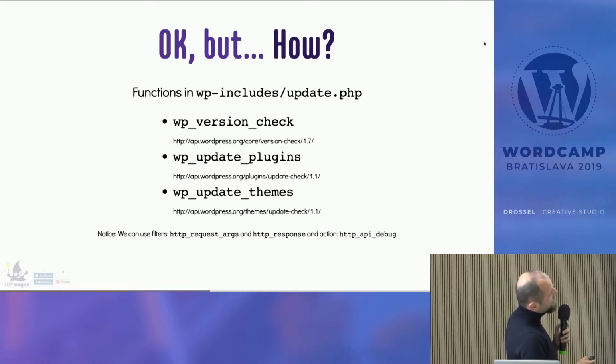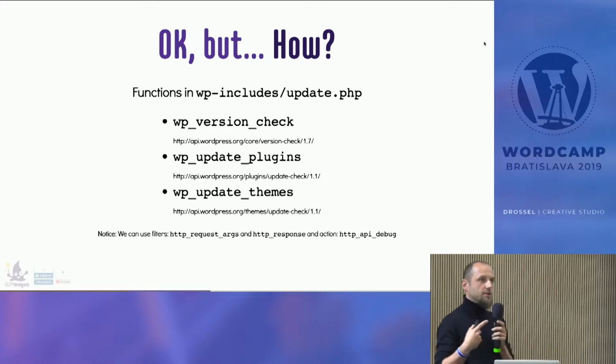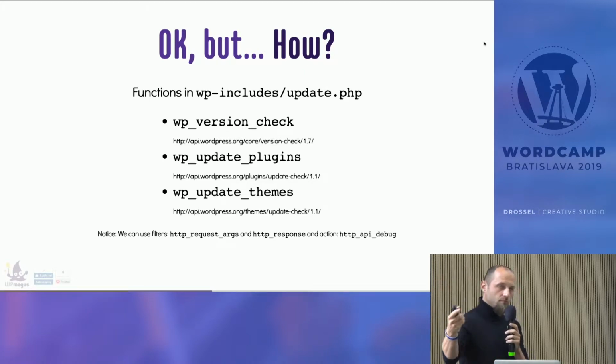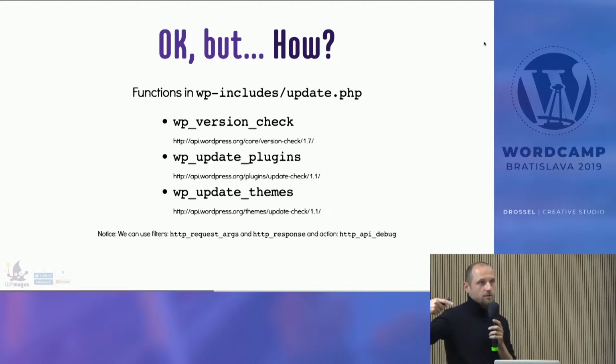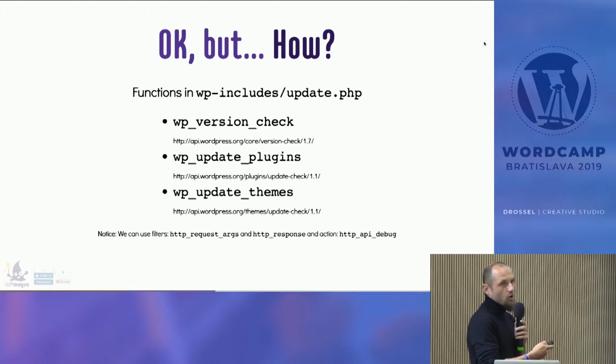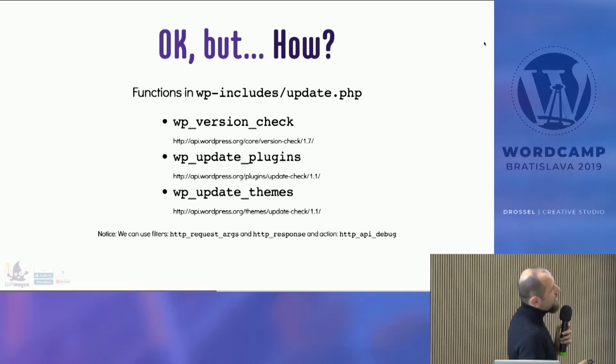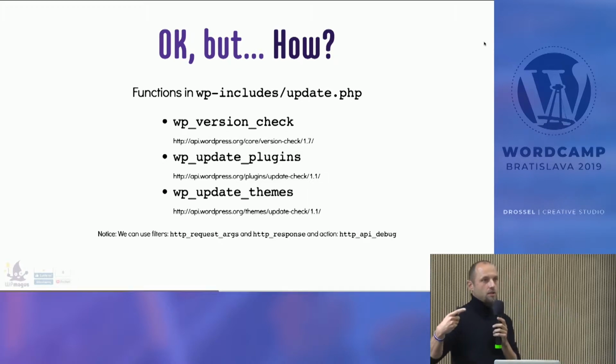And http_response. This is the filter that is run just before returning the response, right? So we get the response, then fire this hook, and then do something with the response. So, for example, we can delete all the response content, so no updates will be shown. And of course, there's an action, http_api_debug, so we can debug and log and so on. Okay.